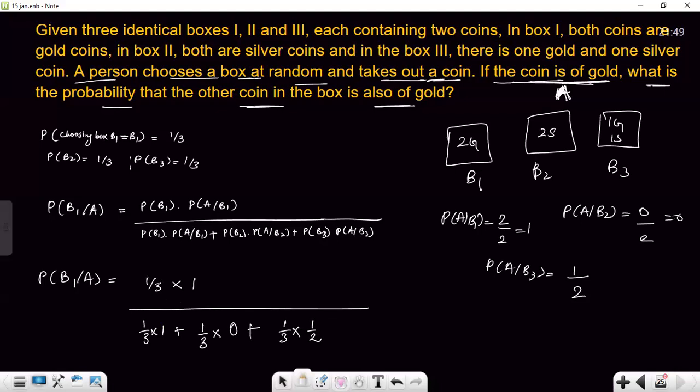We can see there is 1 by 3 in all the terms, so we can take it common in the numerator and denominator, and they will cancel each other. What is left? 1 upon 1 plus 0 plus half. 1 plus half is 3 by 2. 1 divided by 3 by 2 is 2 by 3, which is our answer.